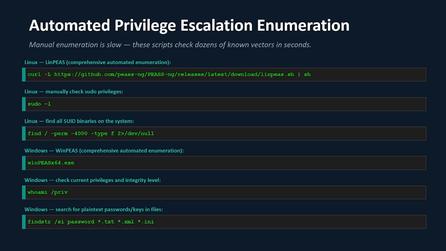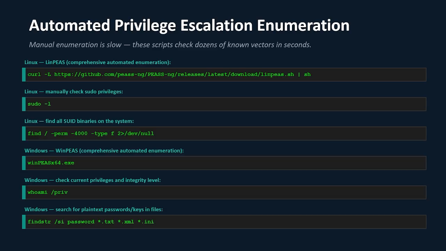So, automated privilege escalation enumeration. Again, manual enumeration is slow. As you do some of this stuff, you start to get a feel for what is working, what isn't working, various things which start to sound familiar or feel familiar. But there's also automation that can work for this. So there's LinPEAS, which is for automated enumeration on Linux systems.